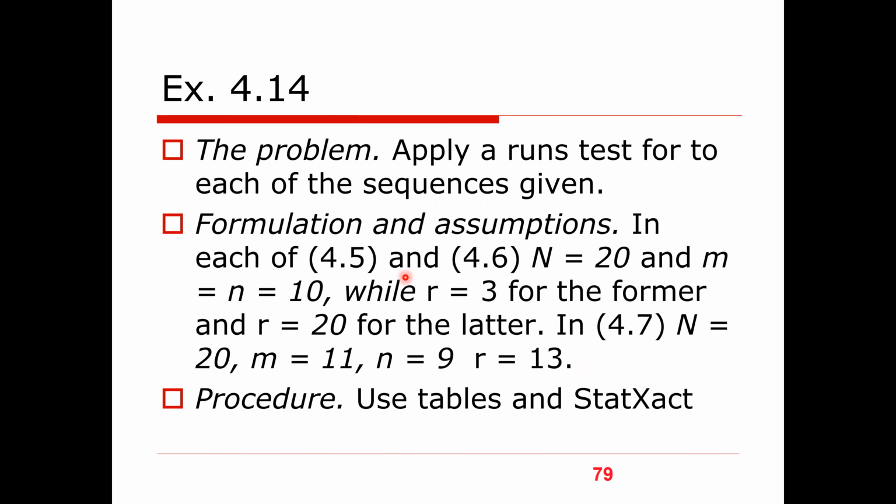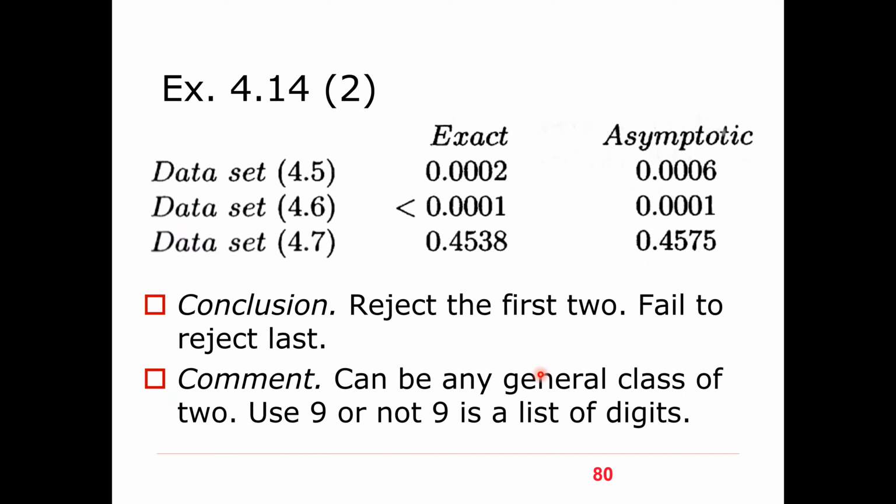Which means R equals 3 for the first, R equals 20 for the second, and R equals 13 for the third. And then we can get these results that are in line with our intuitive guess, right? The first 2 samples have very small p-values, which means they are not random. The third one is more likely a random sample.